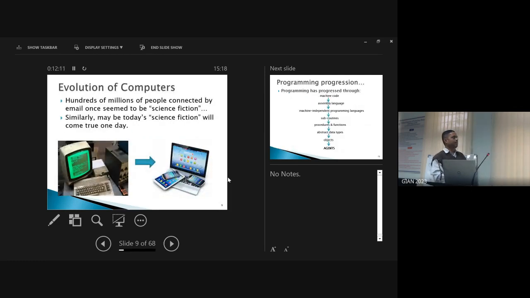Because 100 million people connected by email once seemed to be science fiction. Maybe when I was a third year student, at that time we had an electrical subject, electrical circuit design or something like that.